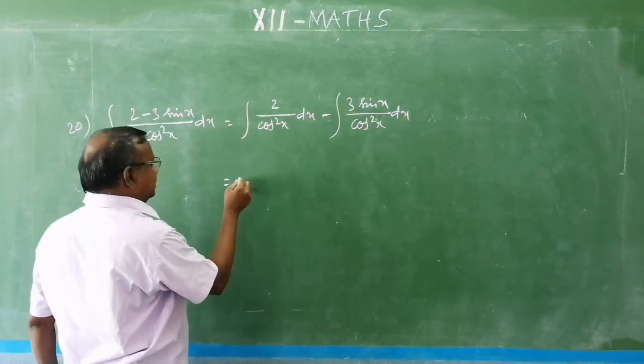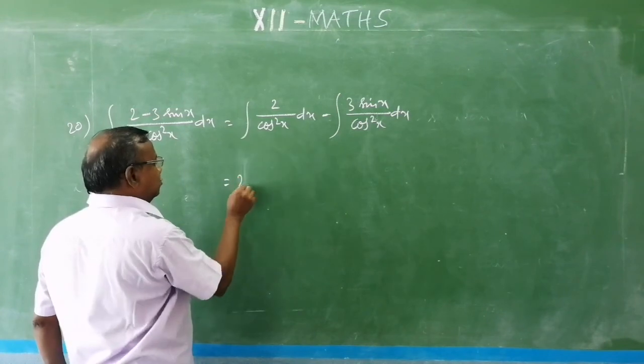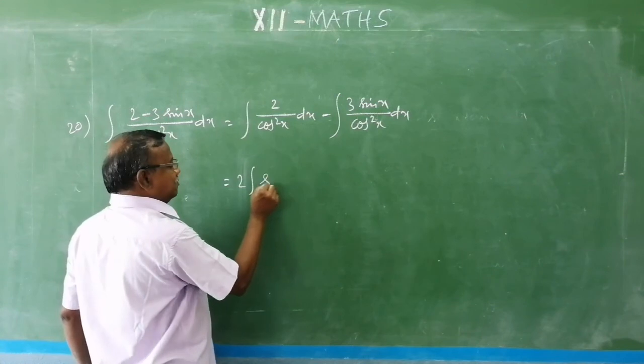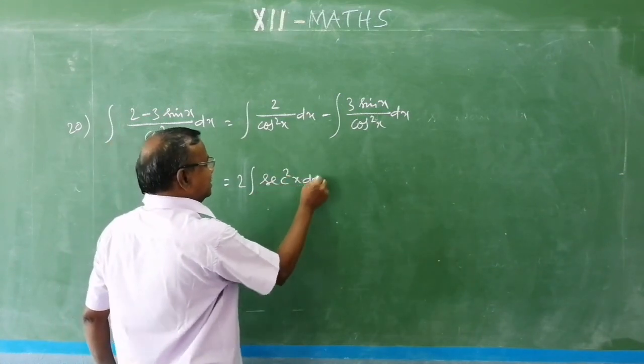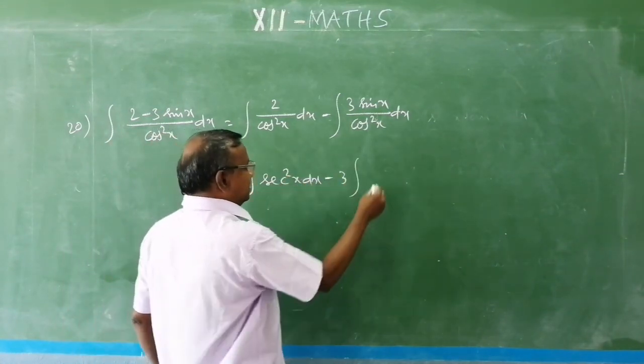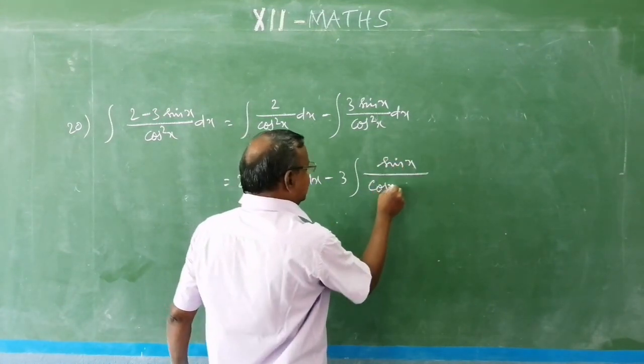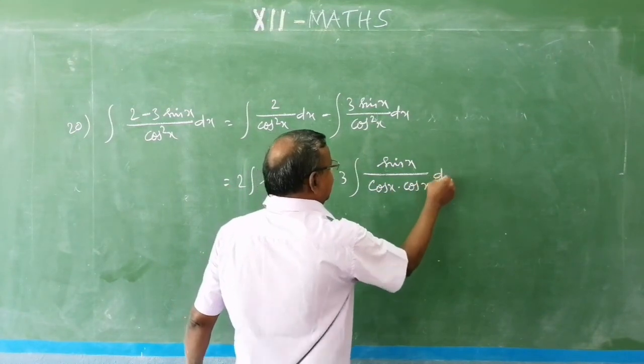This is equal to 2 into integral, we can bring the constant outside the symbol, and 1 by cos square x becomes secant square x into dx, minus 3 into integral sin x divided by cos square x, which can be written as 1 by cos x times sin x by cos x into dx.